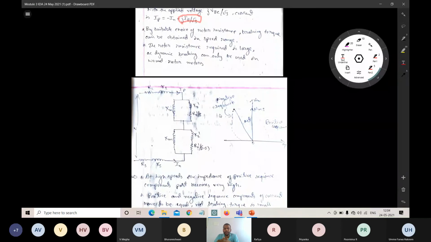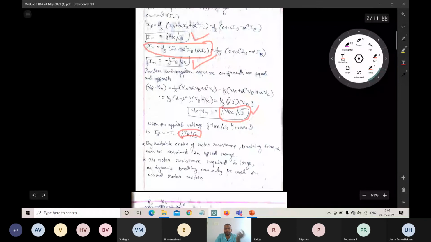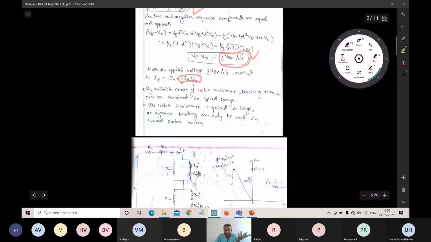The total braking torque, the amount of torque required for braking, is calculated by the summation of the positive sequence and negative sequence components, which were calculated above. The positive and negative sequence supply will be jVBC by root 3 and the required current will be IBC by root 3.